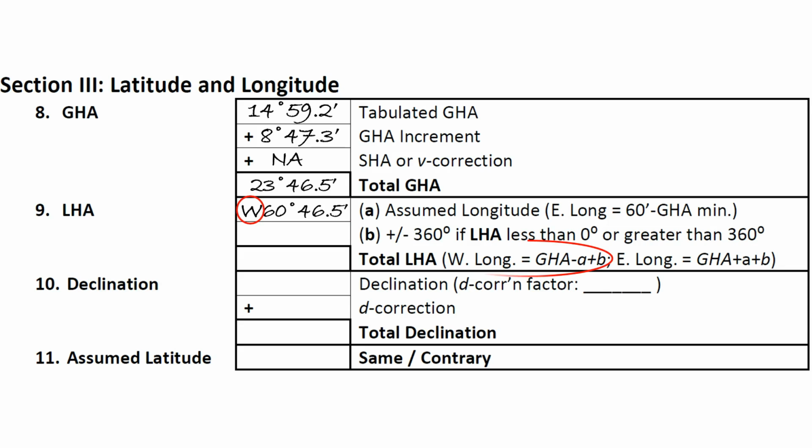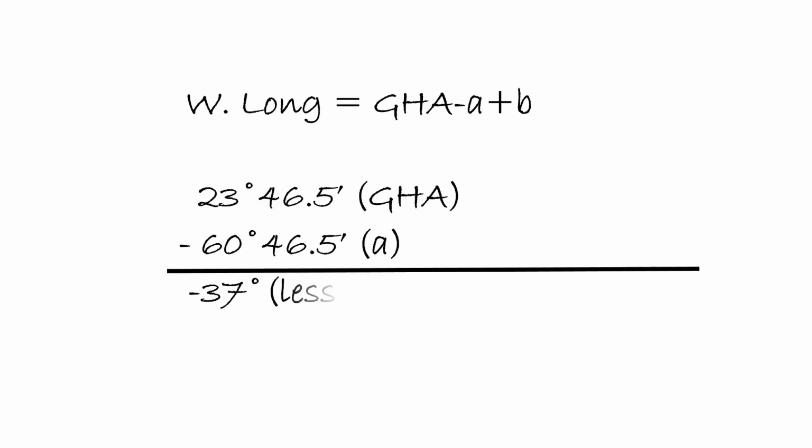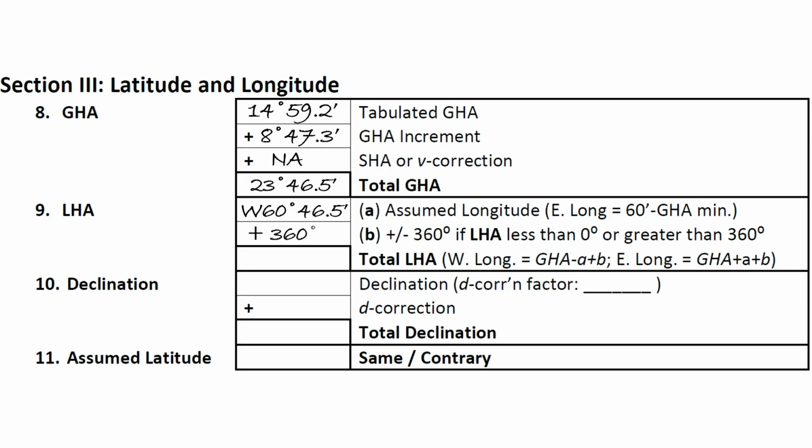We see that we need to subtract part A from our GHA. In our example, we see the GHA is 23 degrees and 46.5 arc minutes, and part A is 60 degrees and 46.5 arc minutes. When we subtract part A from the GHA, we get a value less than 0. So in part B, we add 360 degrees to keep the total LHA between 0 and 360 degrees.